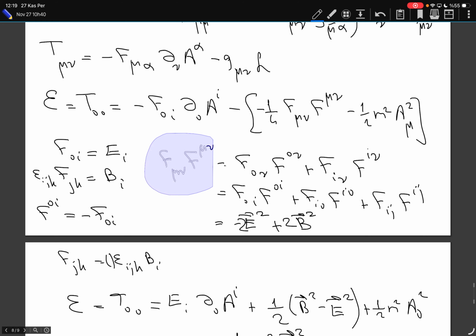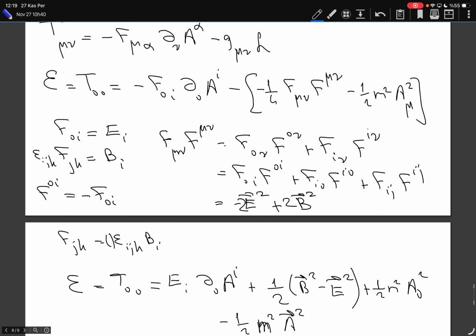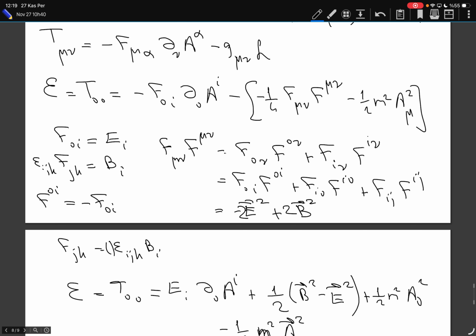Okay, in F_{mu nu} F^{mu nu}, this is fine. There's a minus 2 E squared from these two terms. The minus sign is because of this minus sign over there. g_00 is 1, so this is plus 1 over 4. So with this factor 2, I get 1 over 2 (B squared minus E squared). Okay, that is fine. Now here, oh sorry, I forgot that minus sign.